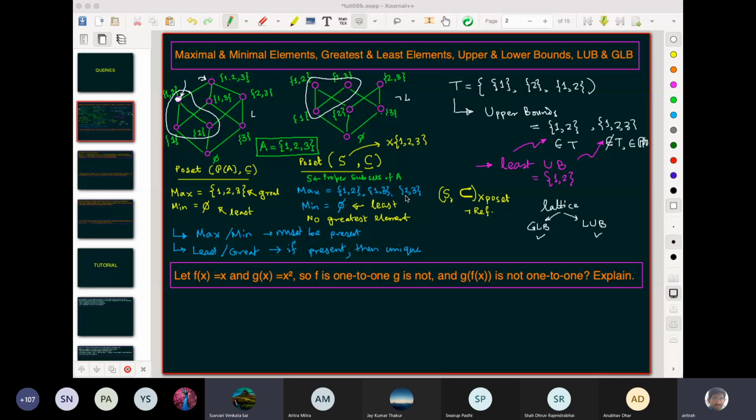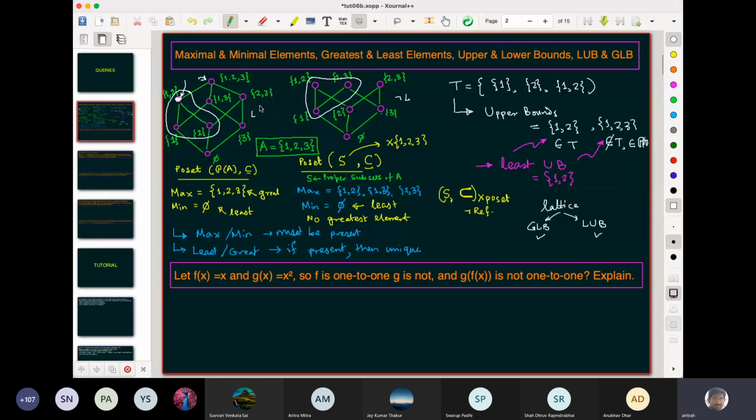In one I mentioned every pair of elements, yes? And in the other I mentioned that a lattice is complete if any subset of elements has a least upper bound and greatest lower bound.